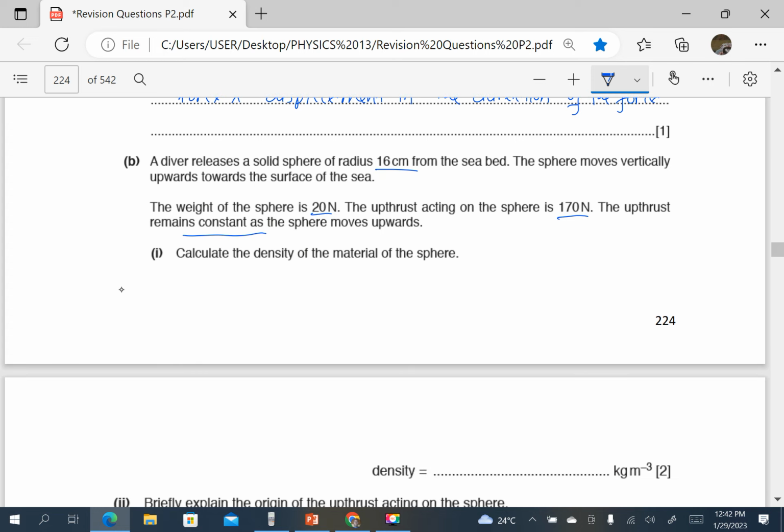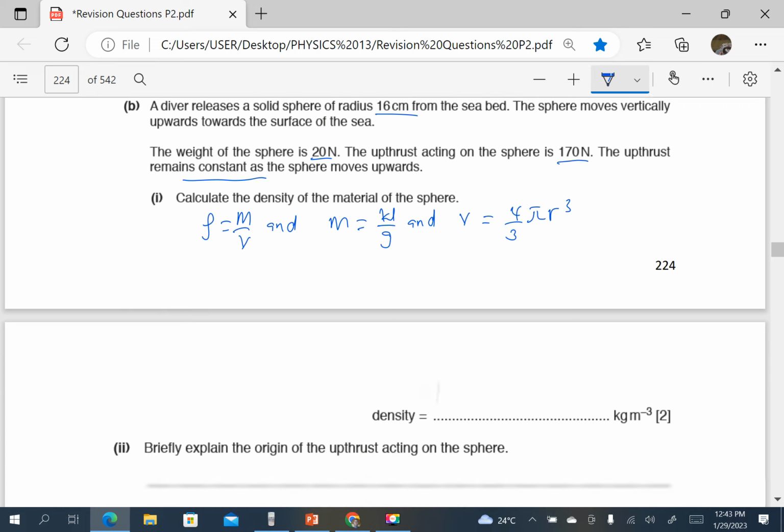First of all, we know density is mass over volume. And we know that the mass will be equal to the weight over g, since they gave us the weight. Also, because it's a sphere, the volume is 4 over 3 pi r cubed.